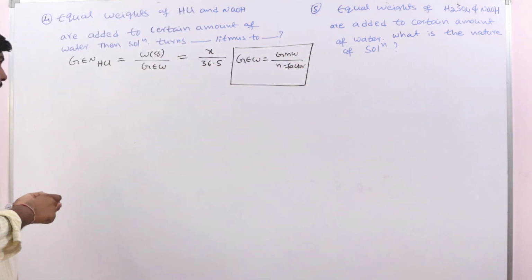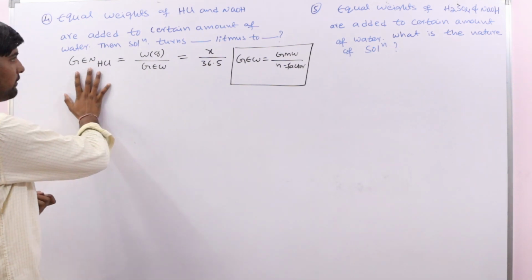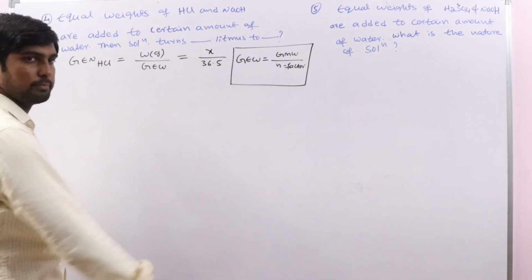So the number of equivalents of HCl is x by 36.5.